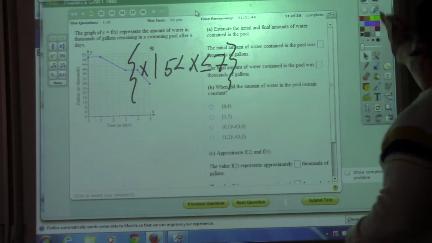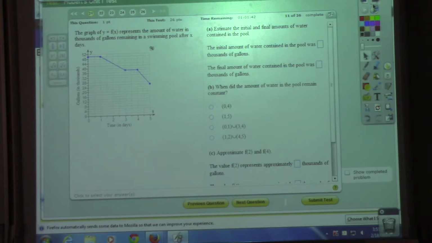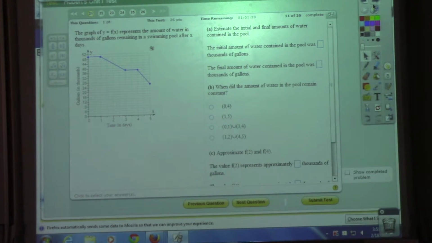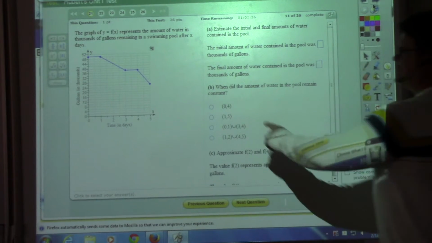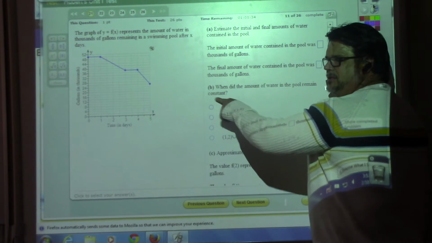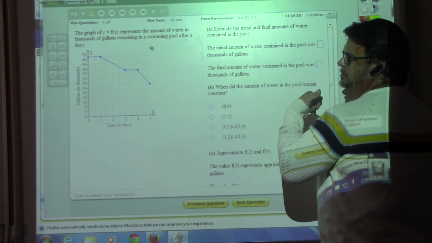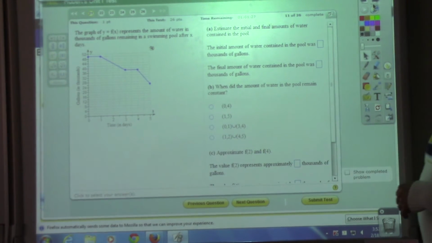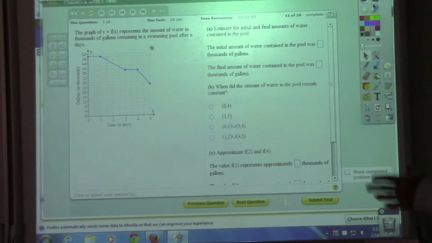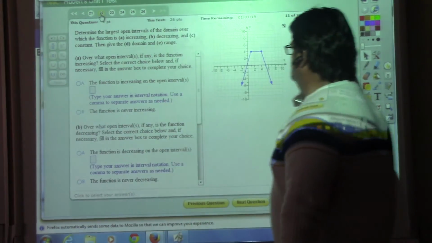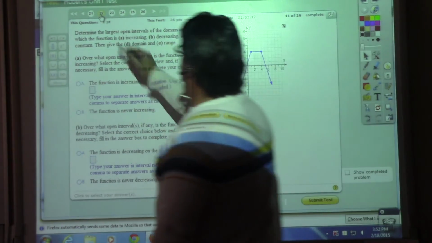All right, now this one is can you read the graph. That's what this one is. I'm not going to go over it. Where is it constant? Constant is when it's the same plane. Between 3 and 4, and between 0 and 1. So make sure that you know how to read the graph. Most of y'all know how to read the graph. Another graph reading.